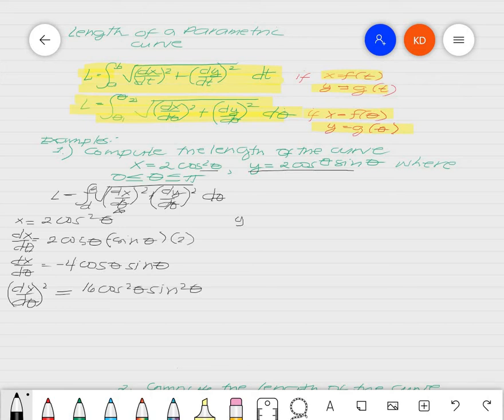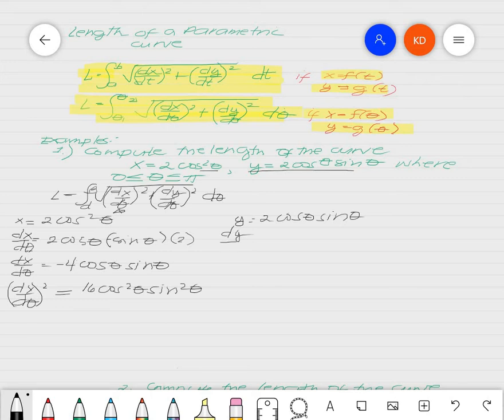How about for y? We need to get dy over d theta. y is equal to 2 cosine theta sine theta, which we will differentiate with the product rule: u dv plus v du.